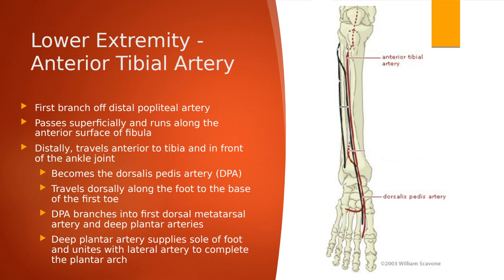The DPA is going to branch into a first dorsal metatarsal artery and deep plantar arteries. So this DPA is responsible for the origination of our plantar arches. The deep plantar artery is going to supply the base of our foot, the sole of our foot, and it's going to unite with a lateral artery to complete the plantar arch.